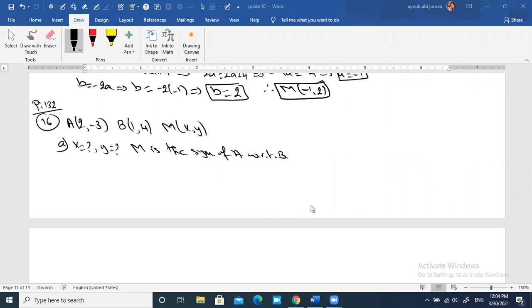What can we conclude when I say M is the symmetry of A with respect to B? It means B is the midpoint of AM.